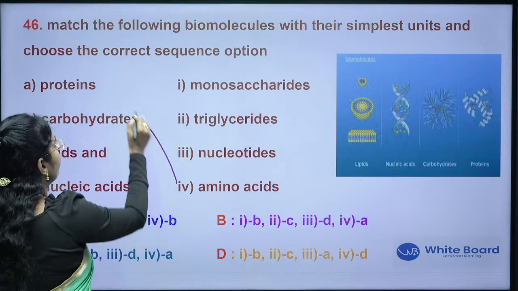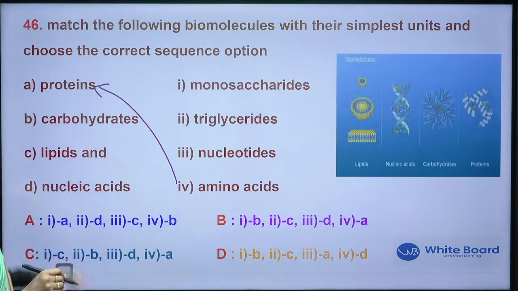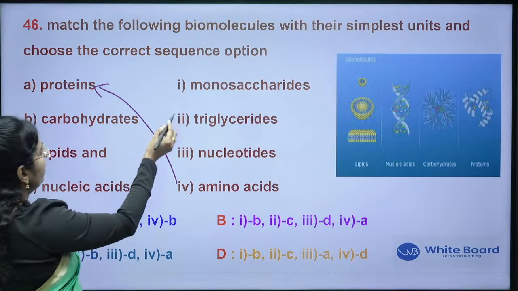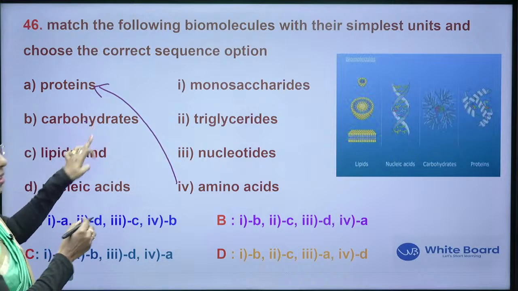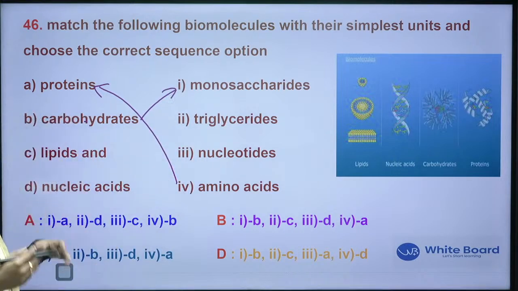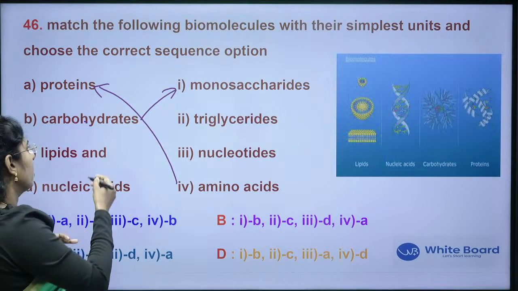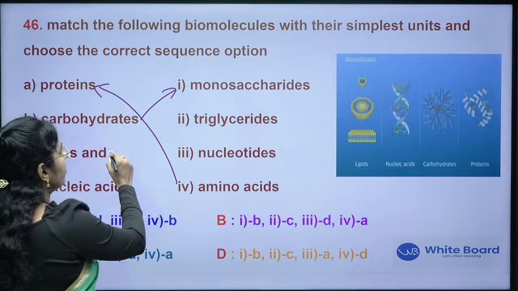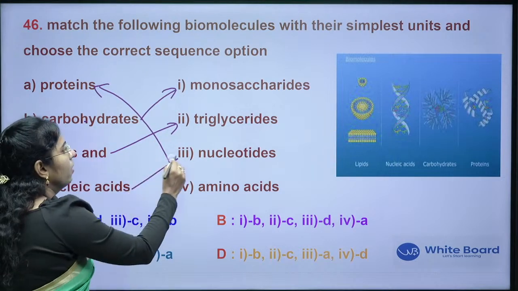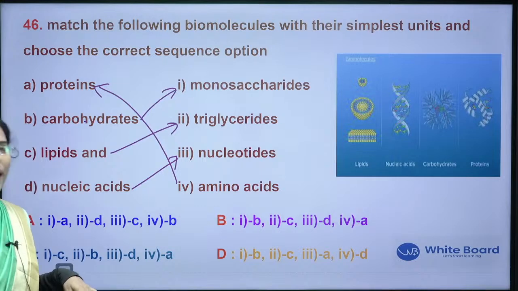Amino acids are the building blocks of proteins. Next, carbohydrates: monosaccharides, disaccharides, trisaccharides. Next, lipids: lipids and triglycerides. And next, nucleic acids match to nucleotides.